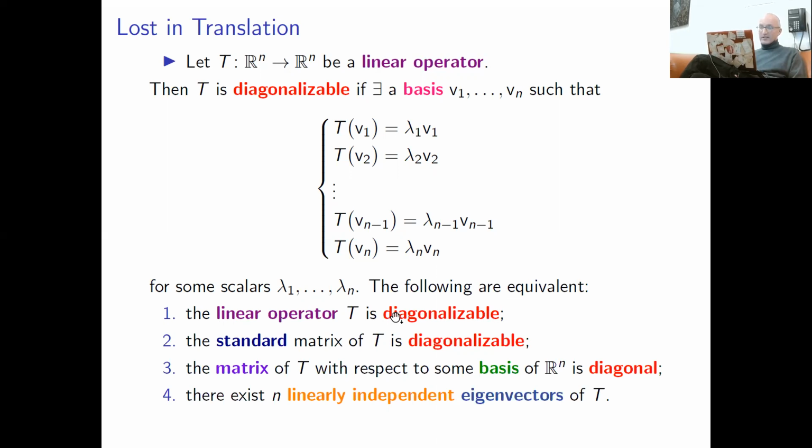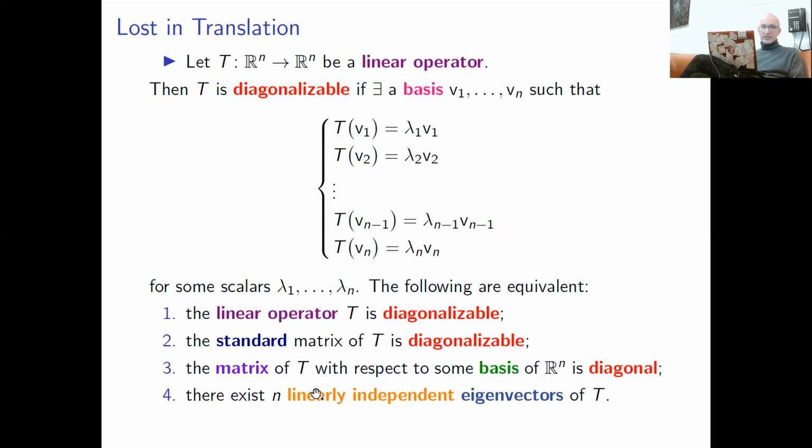The linear operator is diagonalizable, the standard matrix of T is diagonalizable, the matrix of T with respect to some basis is diagonal, or there exist n linearly independent eigenvectors.